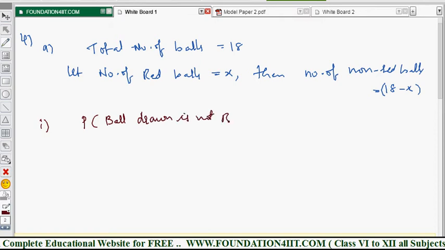Not red balls is 18 minus x and total is 18. Number of favorable outcomes by total possible outcomes, that is the formula: 18 minus x by 18. This is the first one. The first answer is itself because you don't have any x value.